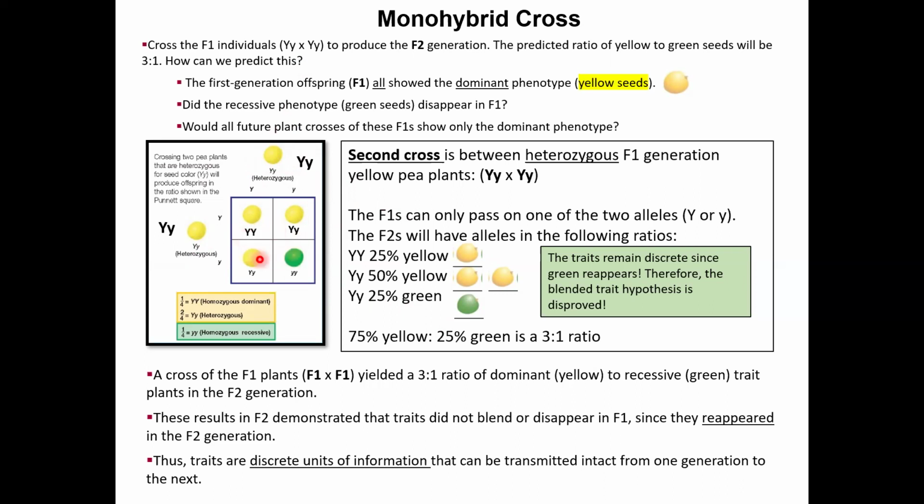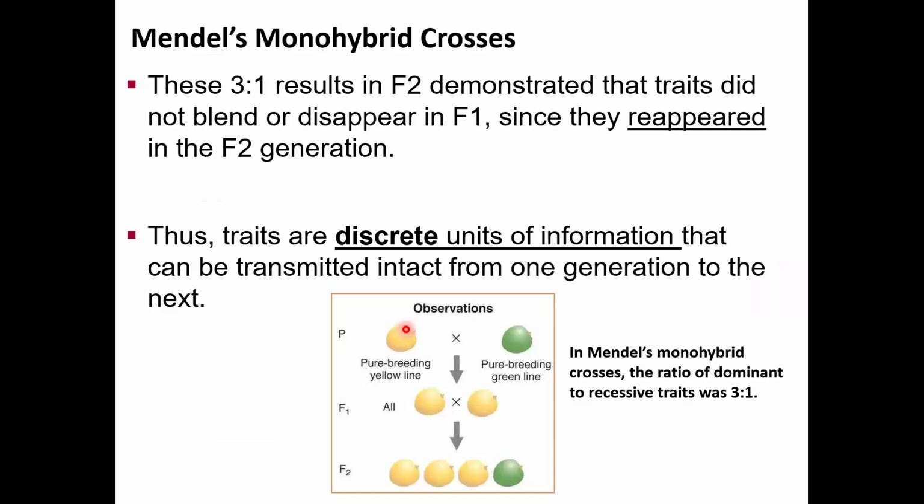So it did not disappear, and it's basically returning. These results showed that it did not blend or disappear in that first generation, because it reappeared in the second generation. And the traits themselves are discrete units of information that can be transmitted intact from one generation to the next.